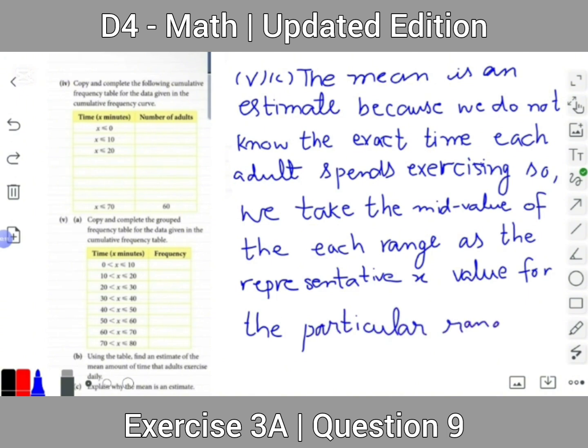Here what we mean by range is the class interval.